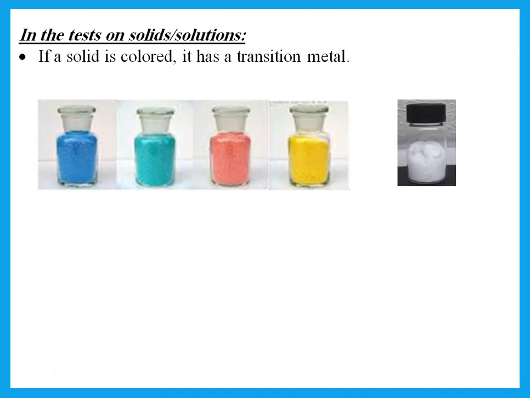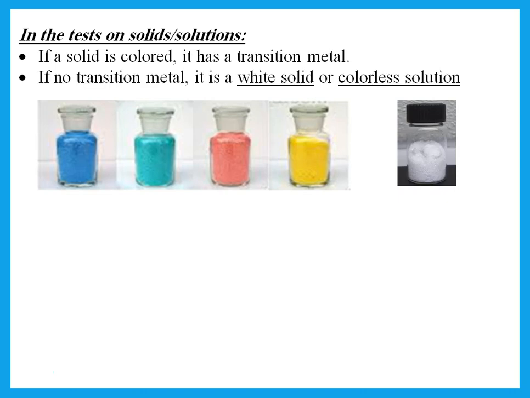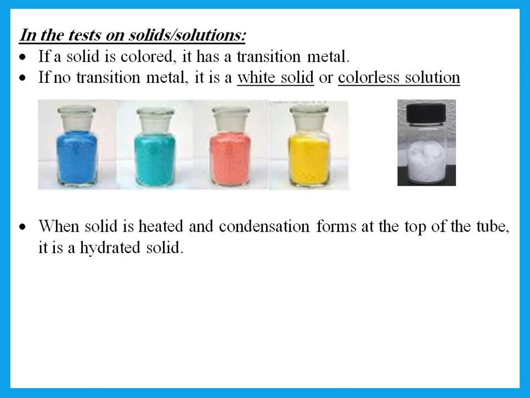But if he says it is just a white solid, then there is no transition metal. Remember, if it's a solid, we say it is white. If it's a solution, we say it is colorless. Colorless solution, white solids. We don't say colorless solid.